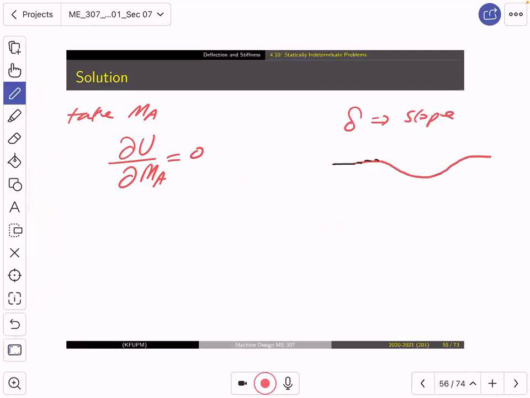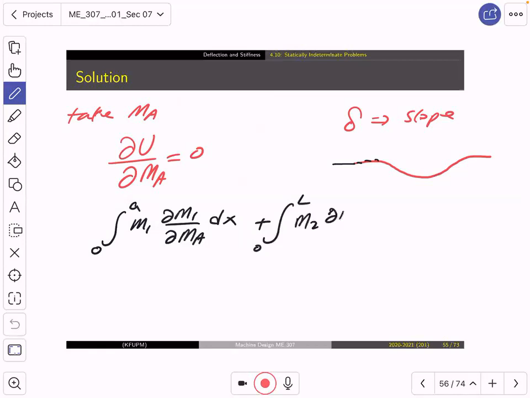So we are going to have the integral from 0 to A for M1 del M1 over del MA dx plus the integral from 0 to L for M2 del M2 over del MA dx, which equals 0. You repeat the same steps.